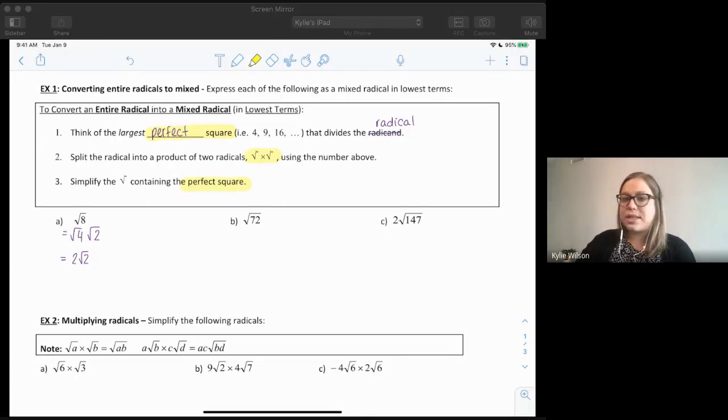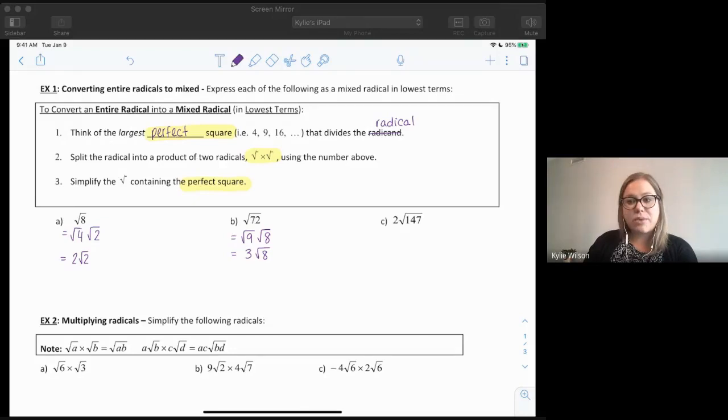So I want to think if root 72 is divisible by any of my perfect squares. So I start thinking of 4, 9, 16, 25, and 72 is divisible by 9. So I'm going to do root 9 times root 8 because 72 is 9 times 8. Now I can simplify that root 9, so square root of 9 is 3.